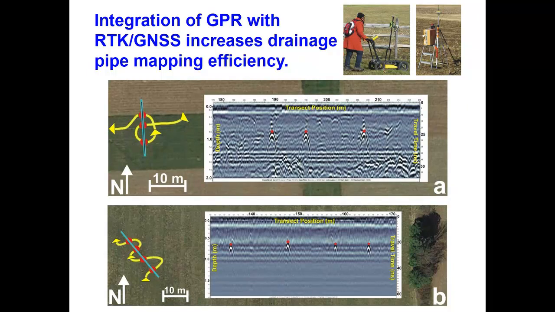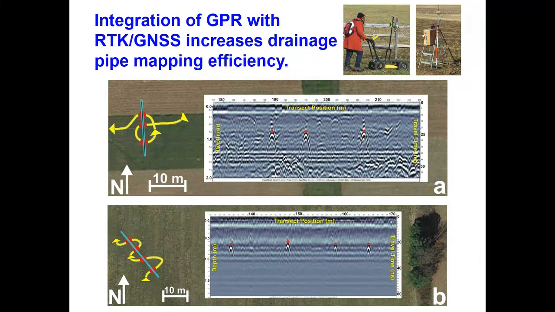So what that allows you to do is, here's our GPR profile. You can see our responses to the pipes. With the GPS, we get our latitude and longitude coordinates. And then we can plot this on a map or an aerial image. Say this is the yellow line of our transect. Again, the red dots are our interpretations of where the drainage pipes are.